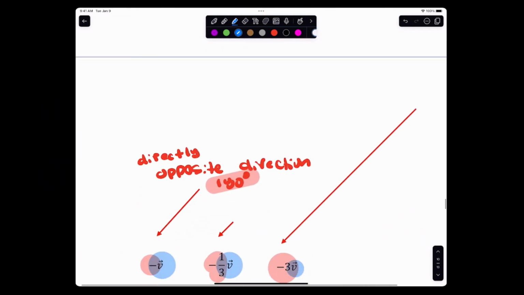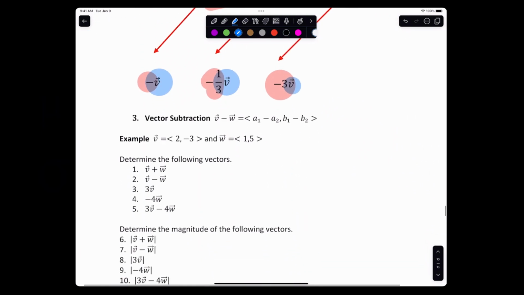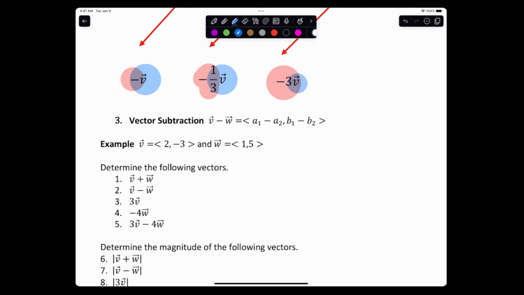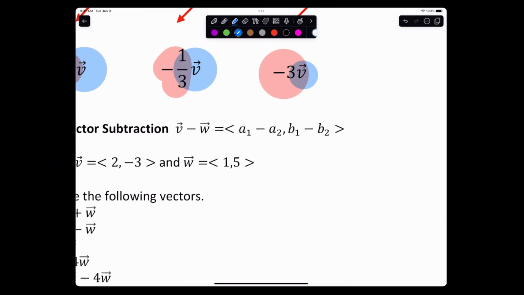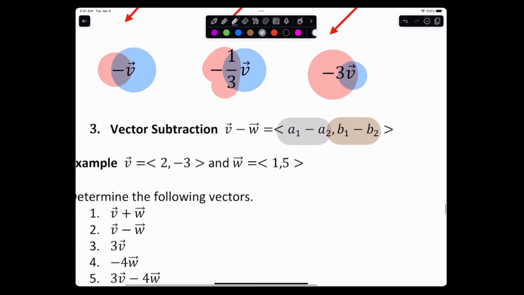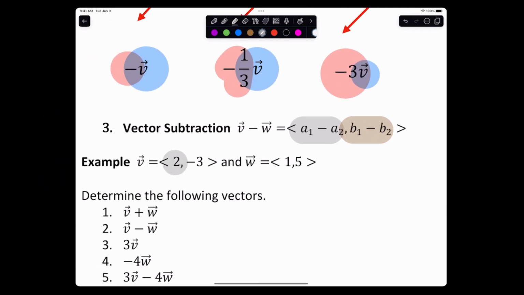So the third thing you can do, now that you know about vector addition, is vector what? Subtraction. And so what I did here is I gave you the component form. But we're going to see again in the future, graphically, really the effect of addition and subtraction. So in component form here, we have this first component in gray, and then we have the second component here.